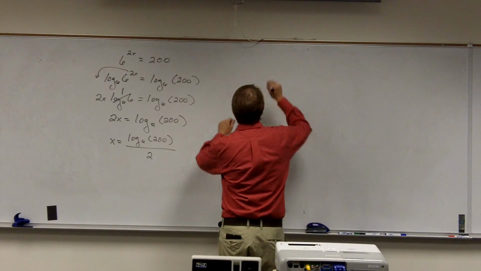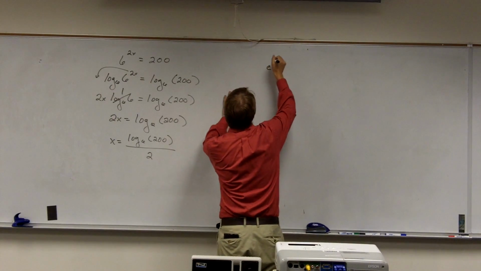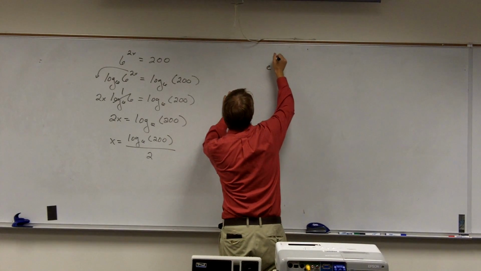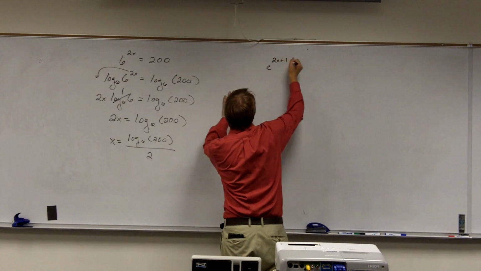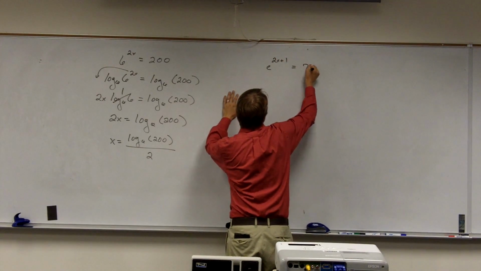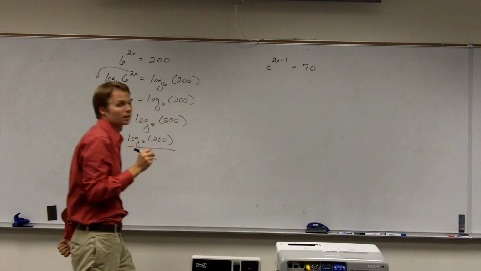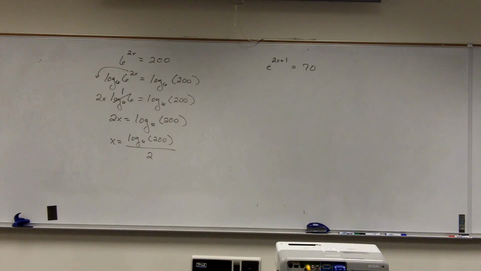What if I gave you one like this, e to the 2x plus 1 is equal to 70. How would I get the 2x plus 1 out of the exponent there?